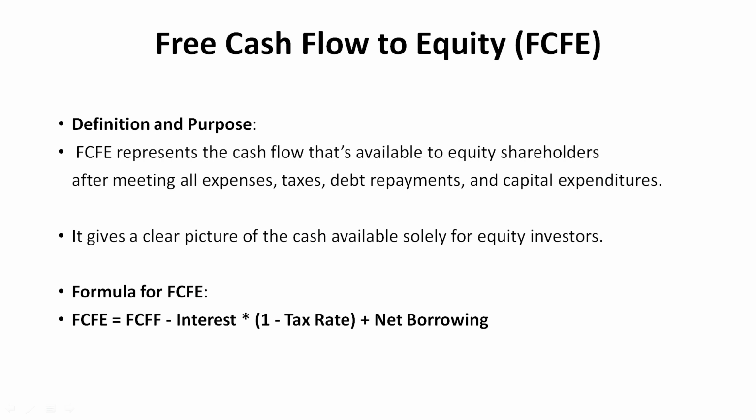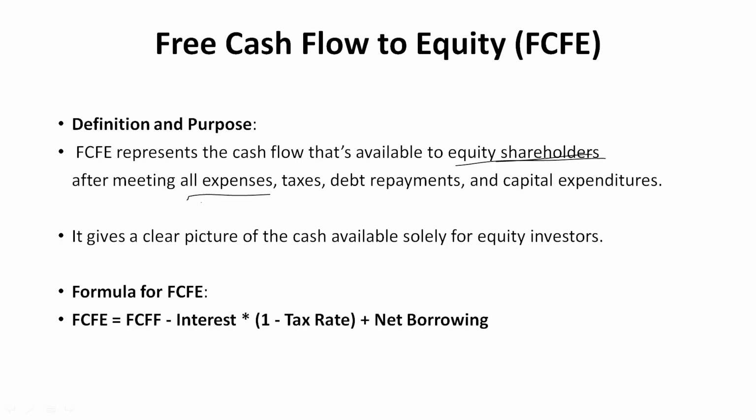The second type of free cash flow which we have over here is free cash flow to equity. What does this mean? It means this particular cash is available to equity shareholders. When do the equity shareholders get this money?